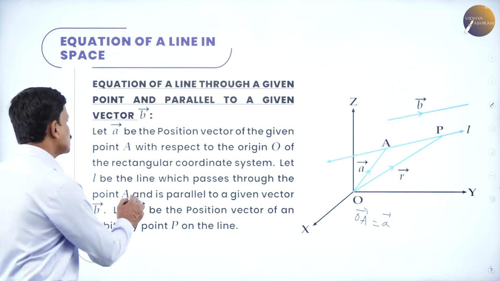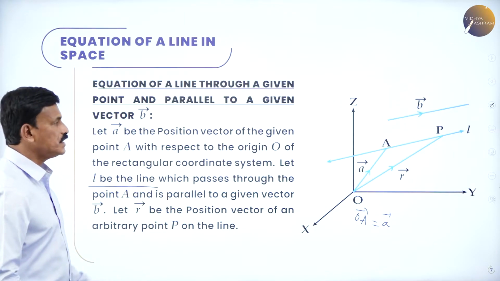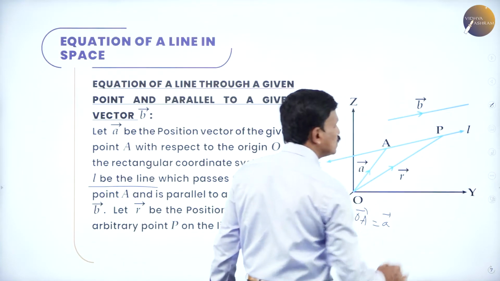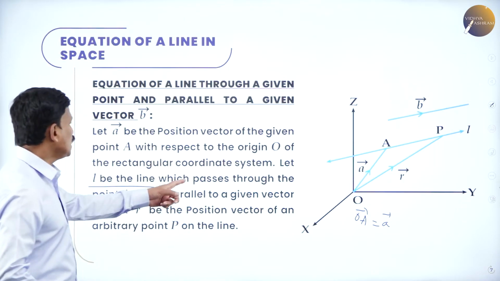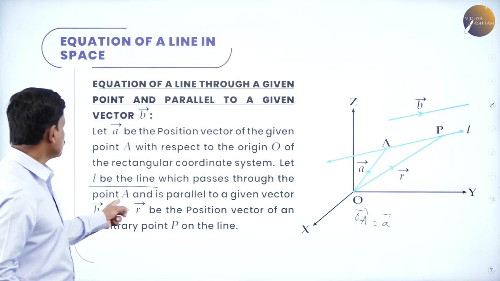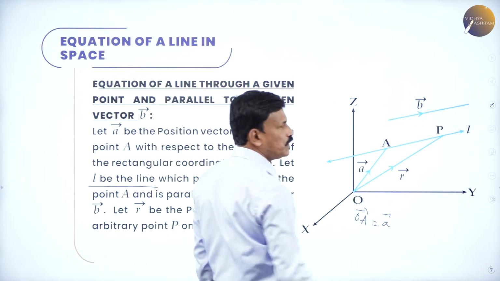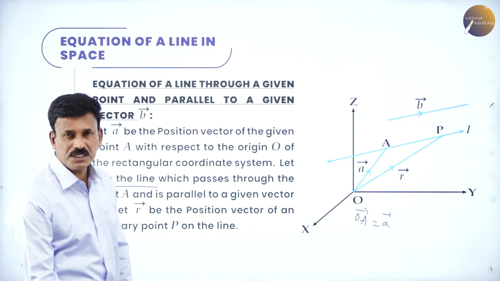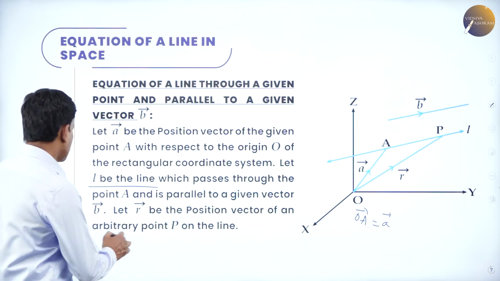Now let L be the line which passes through the point A and is parallel to the given vector b. Here L is any line which passes through the point A and that line is parallel to the given vector b.